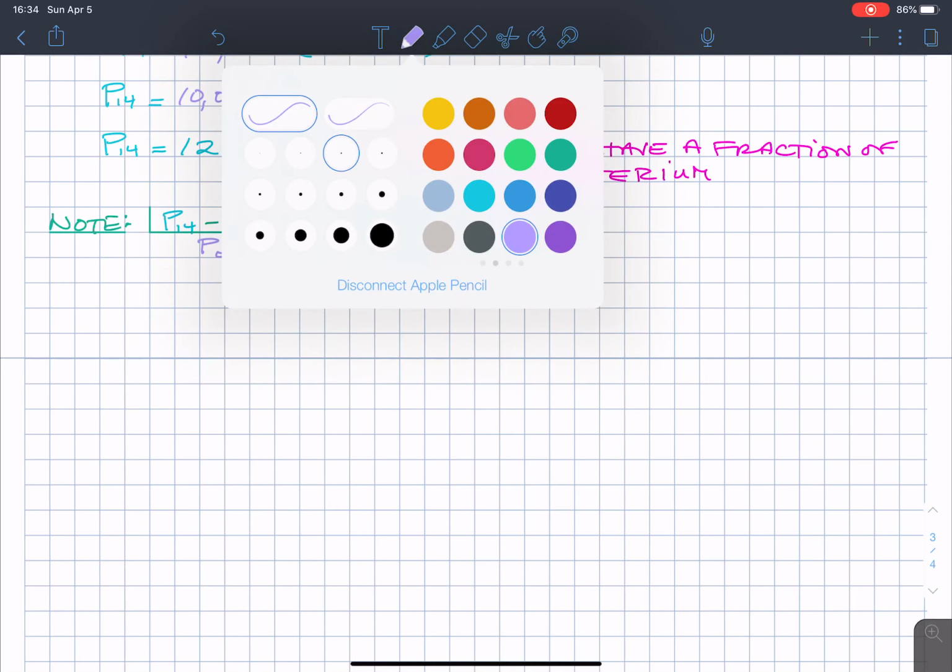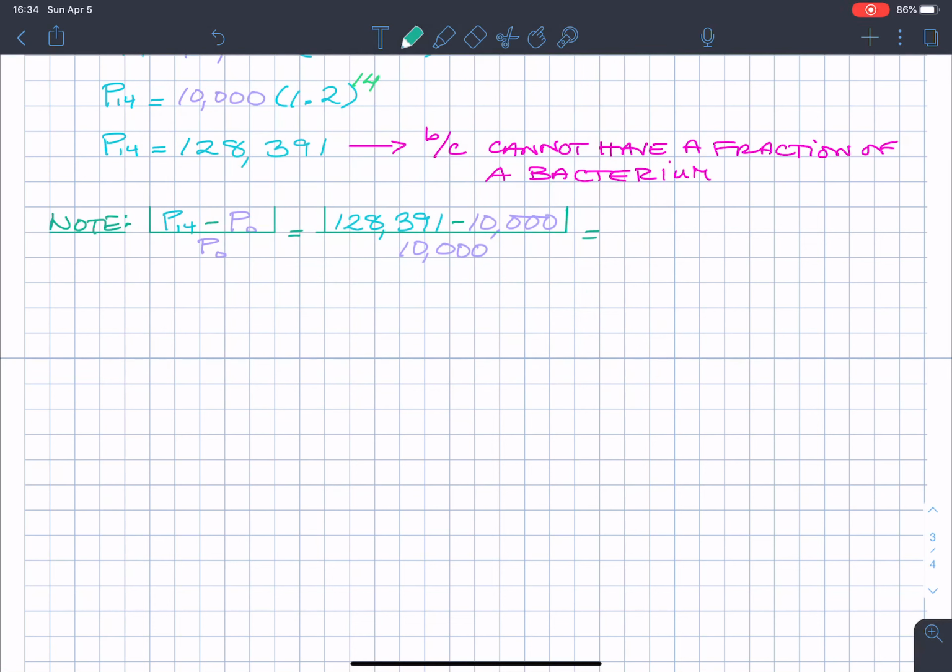Okay, so what do we get here? I end up with 11.84. So what does that mean when I plug that into my calculator?